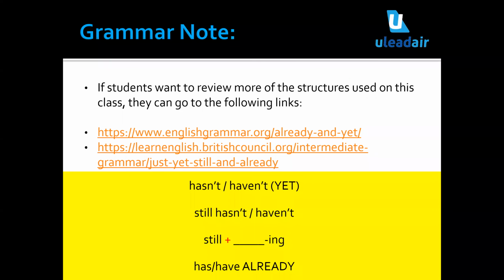And reviewing grammar, as far as the structures, again, have, haven't, hasn't, has not, have not. It's part of a conjugation of the word to be.